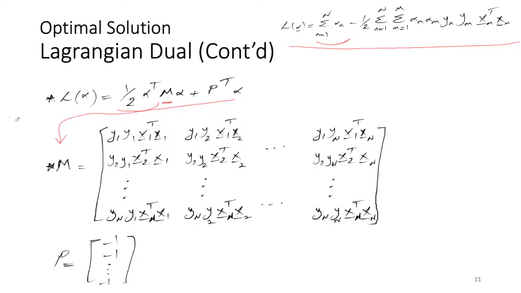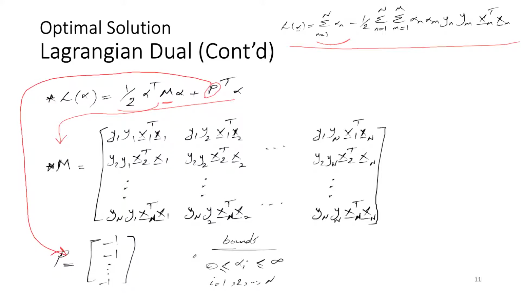So your P would also be defined like this, minus 1s. And the bounds would be, as we discussed, alphas are from 0 up to infinity for all the i's from 1 to n.